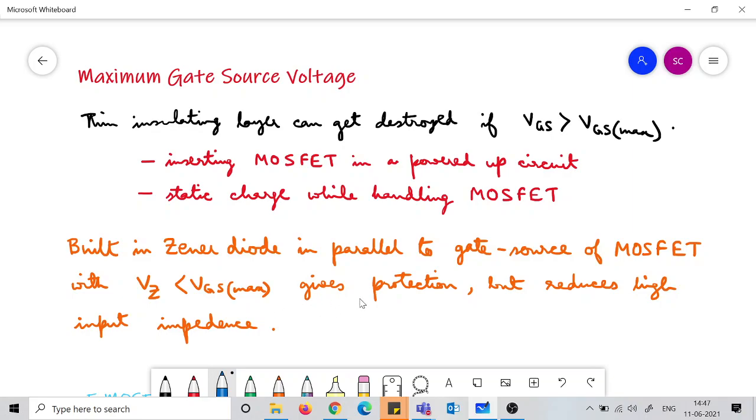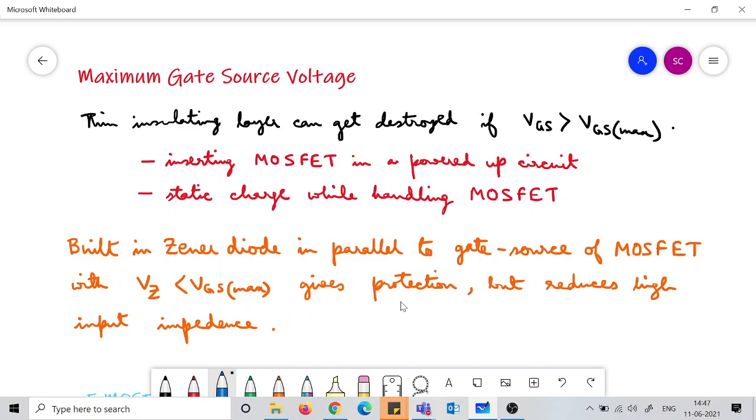It obviously gives protection, because this Zener diode starts conducting whenever there is a high transient at the gate-source junction. The Zener diode conducts and limits the gate-source voltage to something less than Vgs max, so it does not increase beyond Vgs max.